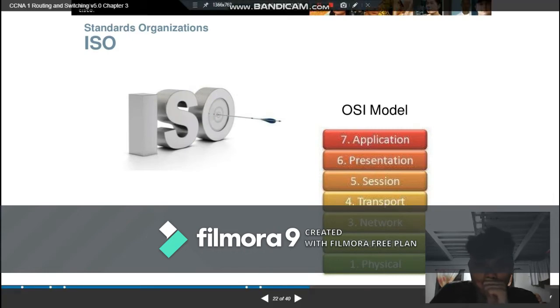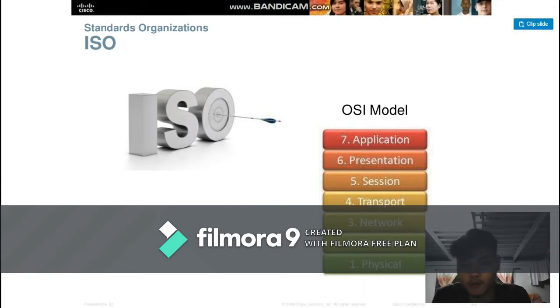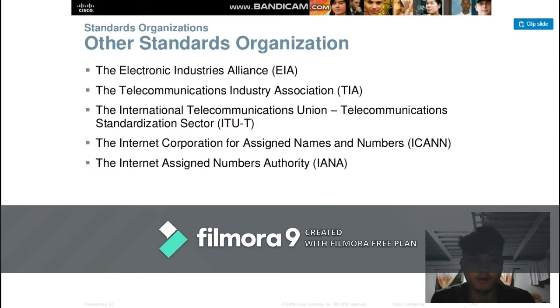So we have the OSI model. We have seven categories. First is physical, second data link, third network, fourth transport, fifth session, sixth presentation, and seventh application.